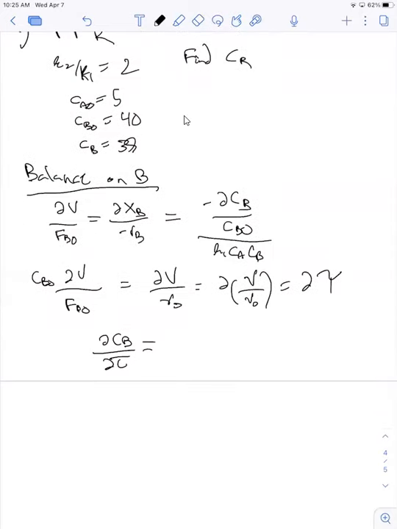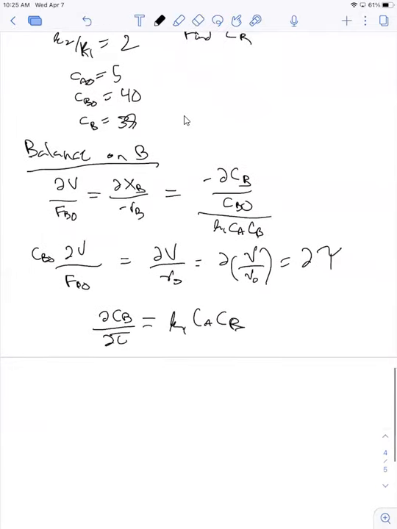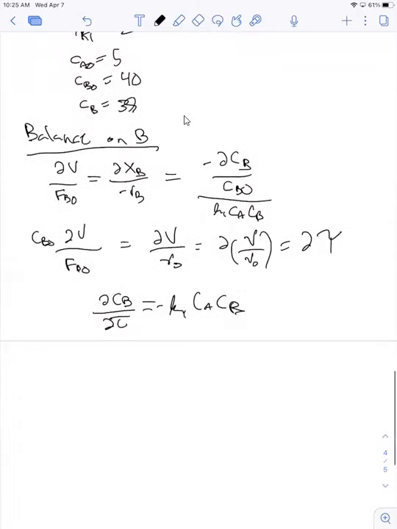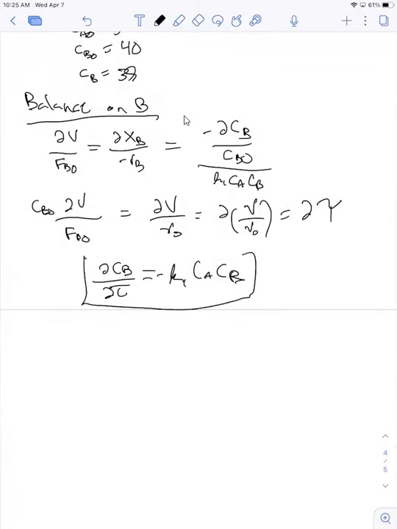We're just moving this equation around to simplify it. This will be equal to negative K1 CA CB. All right, so that's our design equation for the balance on B.